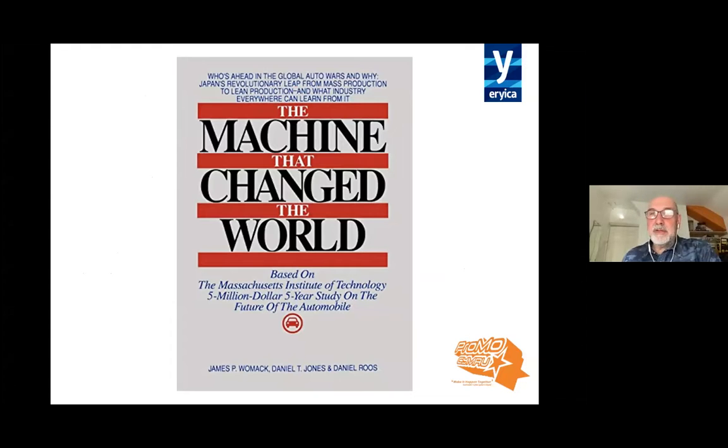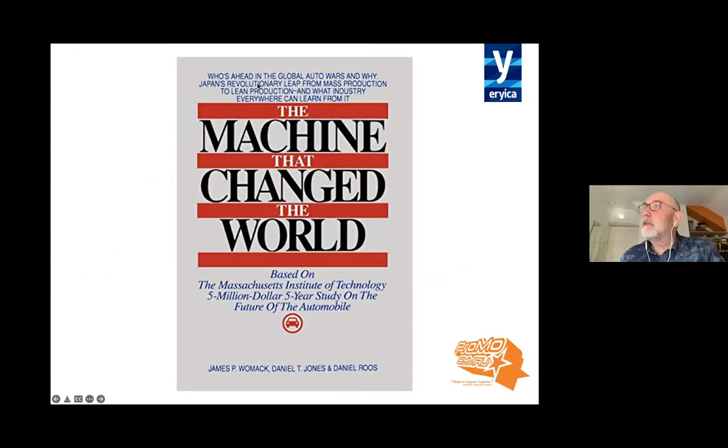This is part of the why. This is an influential book. It's called The Machine That Changed the World. This is the book that was the study on Toyota and cars, the production of cars. And you think, what the hell is that going to do with it? Well, this is the foundation.